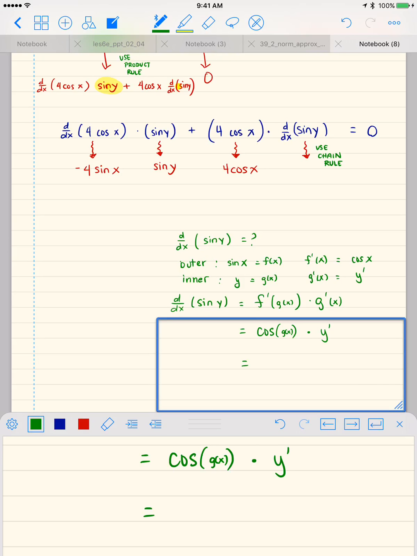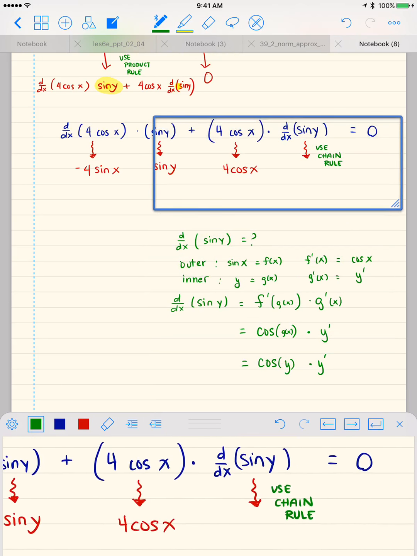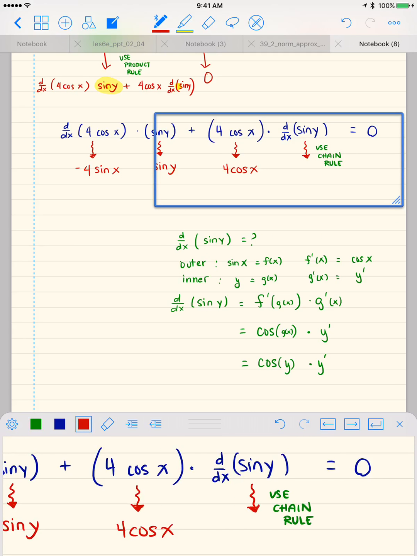Now, cosine of g of x, what is g of x? G of x is y, so we'll have cosine of y times y prime. So this derivative up here is going to be cosine of y times y prime.